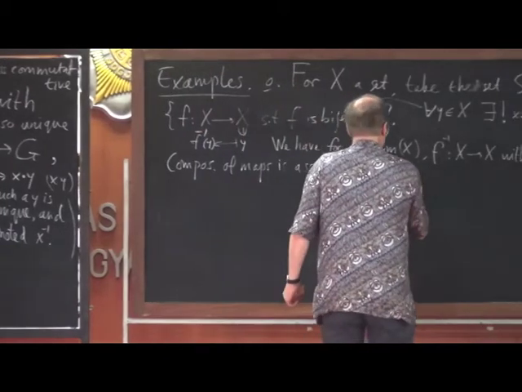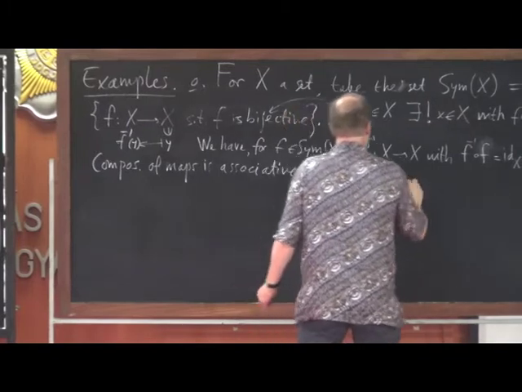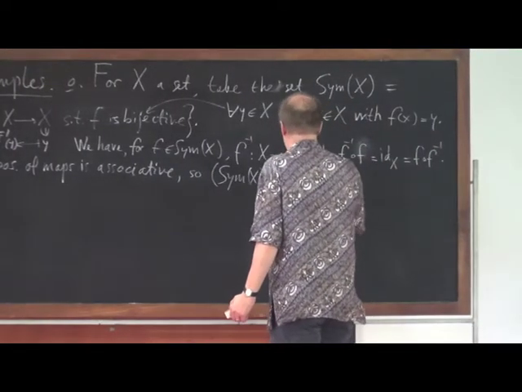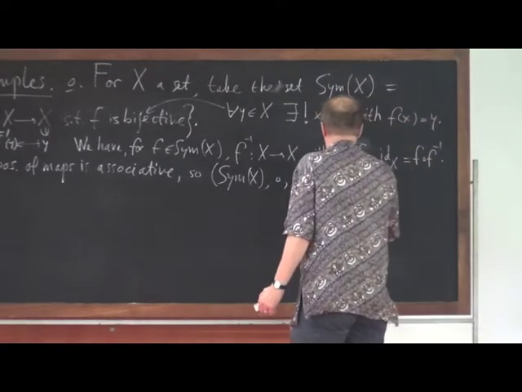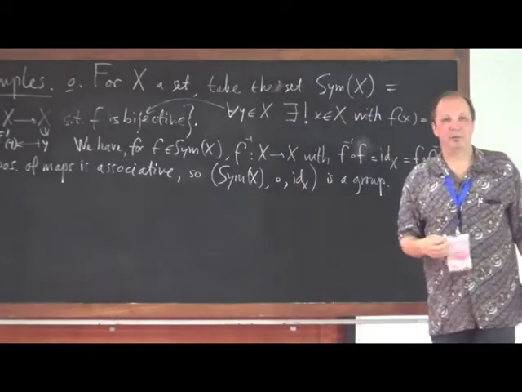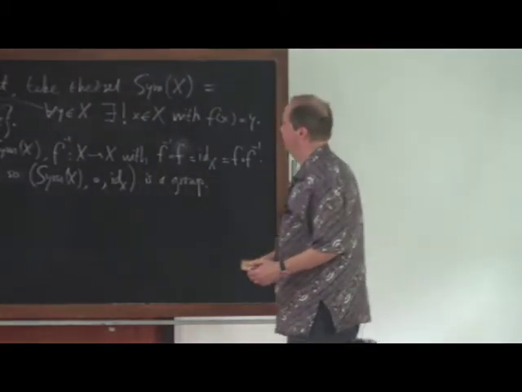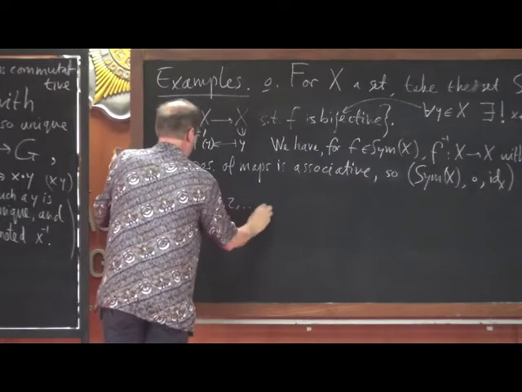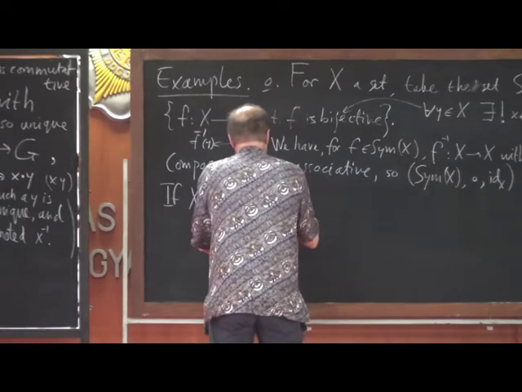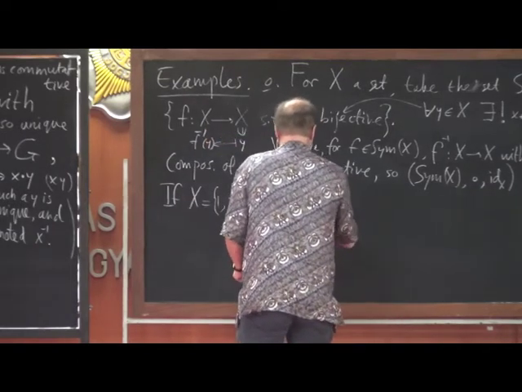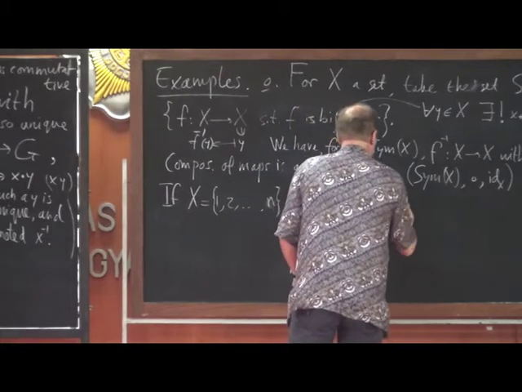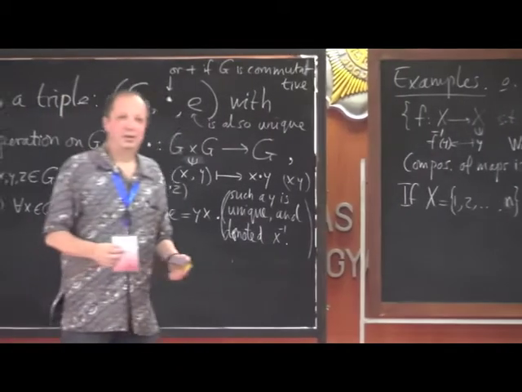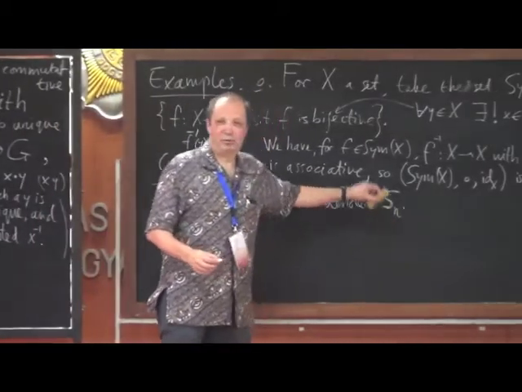So this Sym X with this little composition symbol and the identity map from X to X as the identity element is a group, and this is called the symmetric group for the set X. For example, if X is the set 1, 2, up to some natural number n, then it is denoted by S_n, and this is your first example of a group, I think.